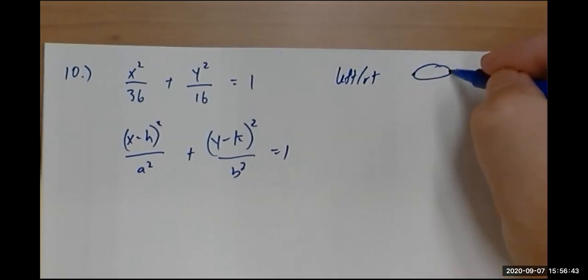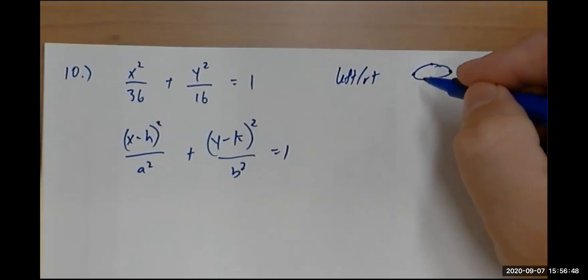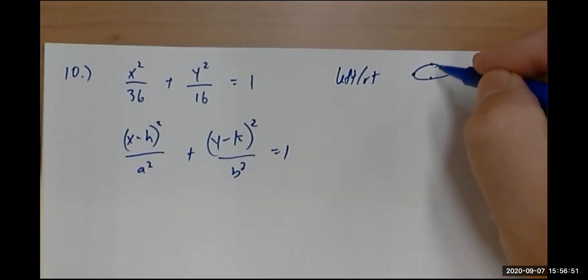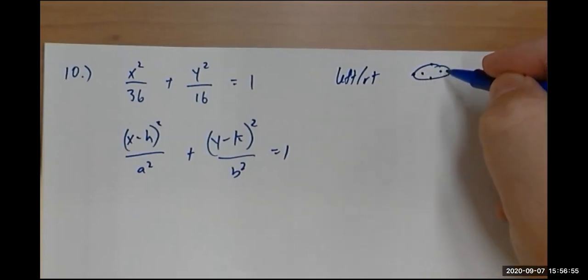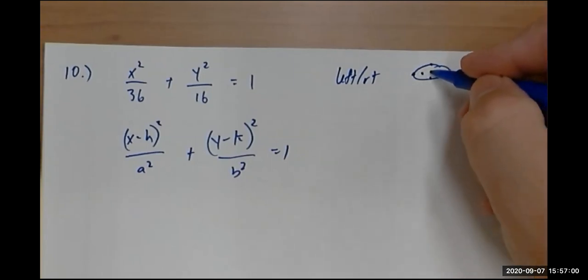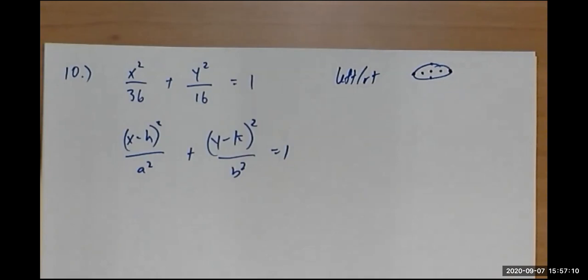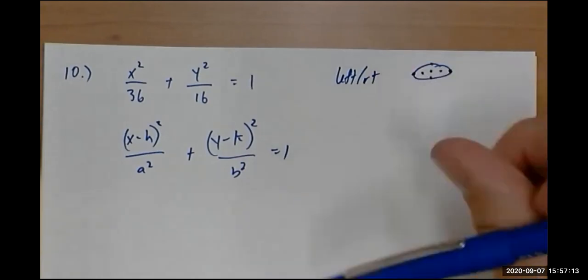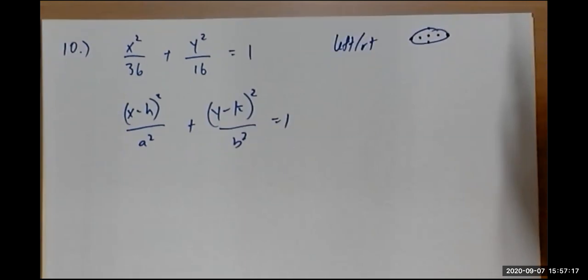Sometimes I call them major vertices, and then they call the up and down ones, in this case, the minor vertices, but in our book, they just call these two the vertices. And then the foci are always 2 points that are inside the vertices. And then, of course, you've got the center of the ellipse. In this case, they're asking for the 2 vertices, the 2 foci, and then to sketch the graph.